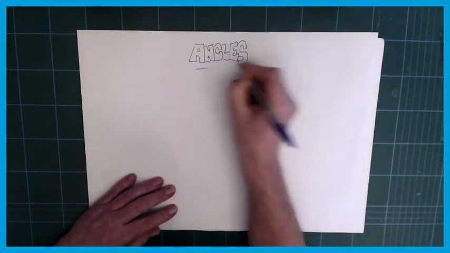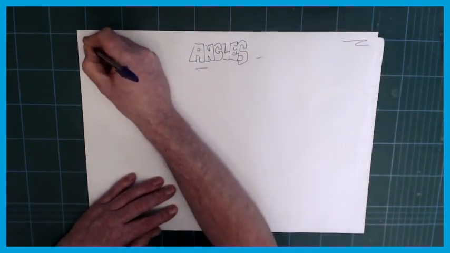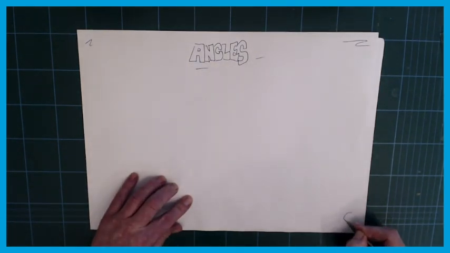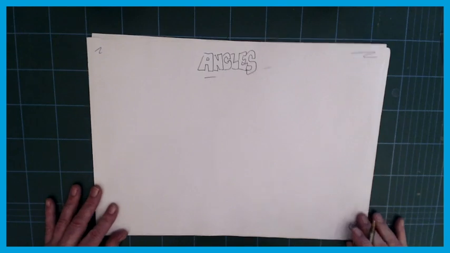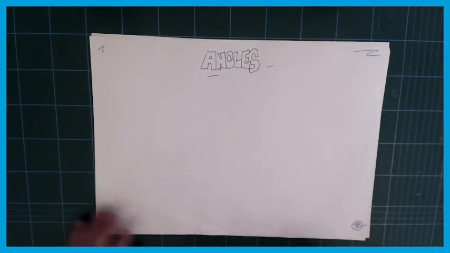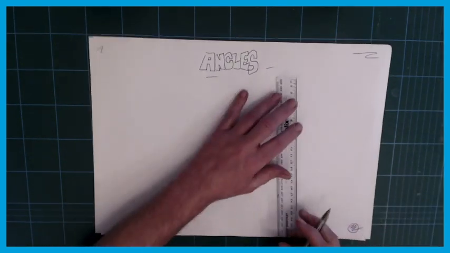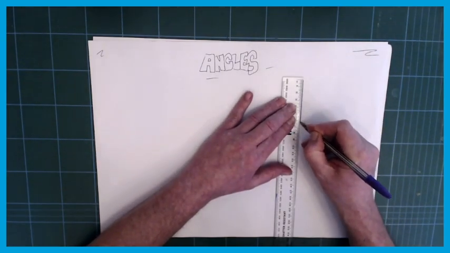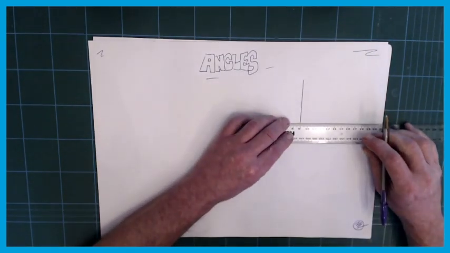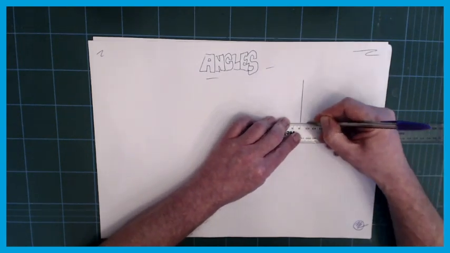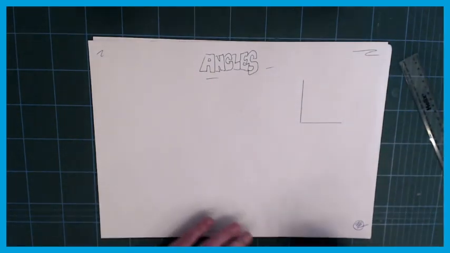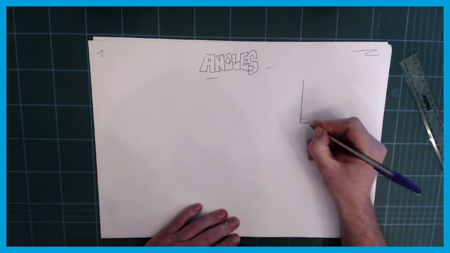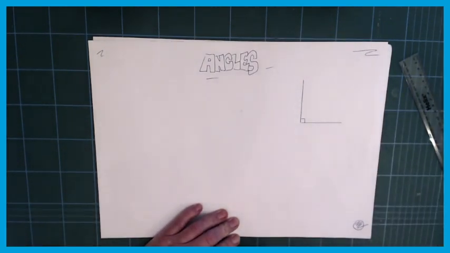Angles. So we've got a title and some borders on there. We're going to look at a couple of angles. So let's have a look at the first one that most people know when we're drawing these. So we're going to draw an angle like this. I'm not going to use any protractors today. We're just going to draw them like this. And this is the key, that little bit there.